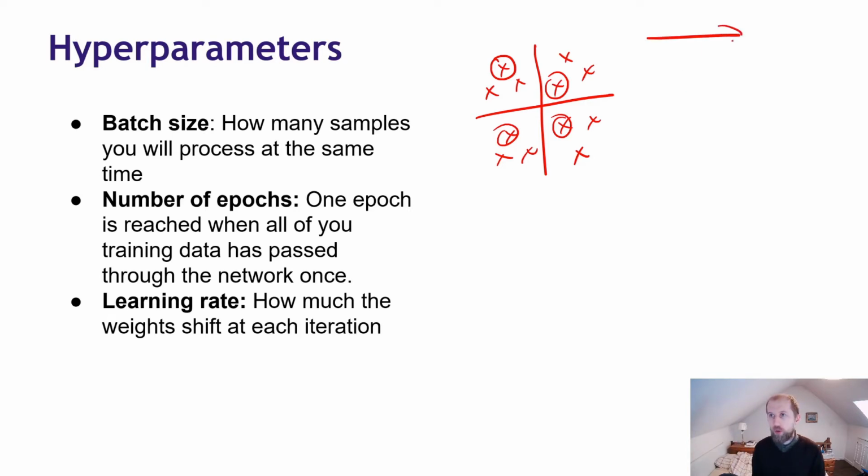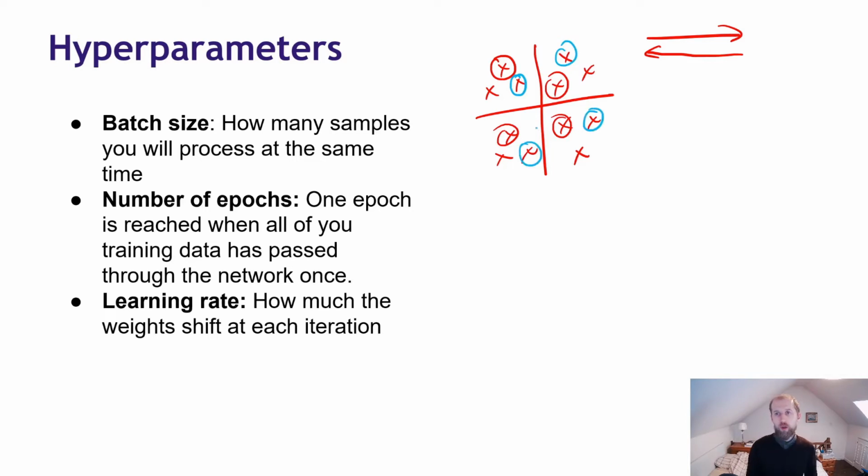So you'll go forwards and then you'll go backwards, and remember the back propagation is when you calculate gradients, so that's when you update the weights. So you do that with just this mini batch, and then you do the next iteration with a new mini batch, which is of 4 different samples or whatever size you use.